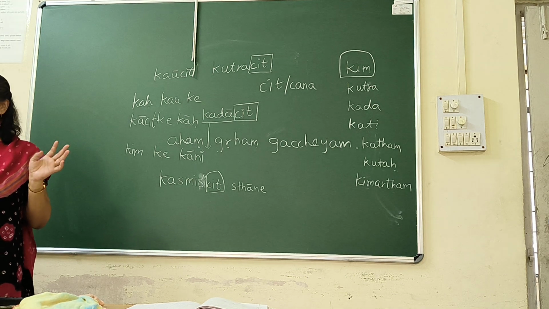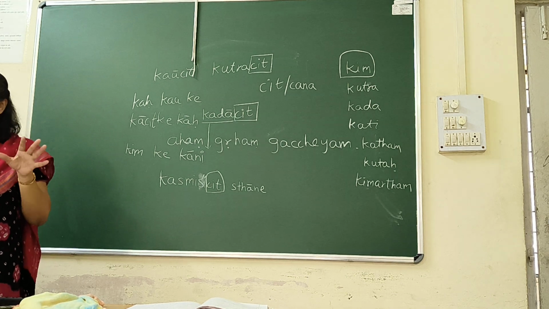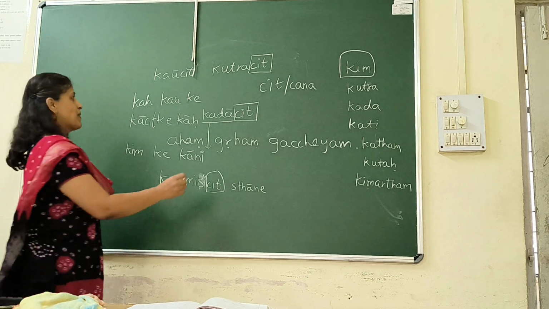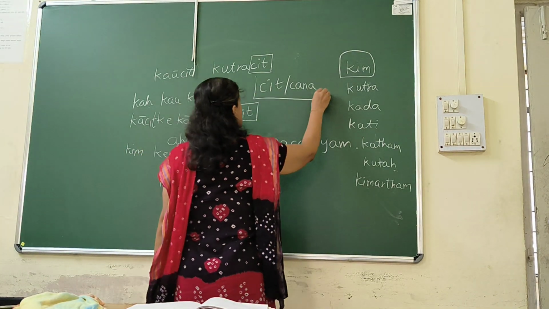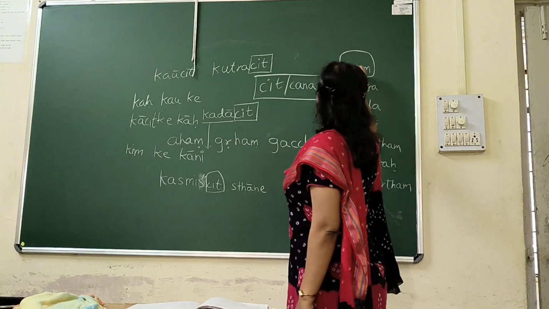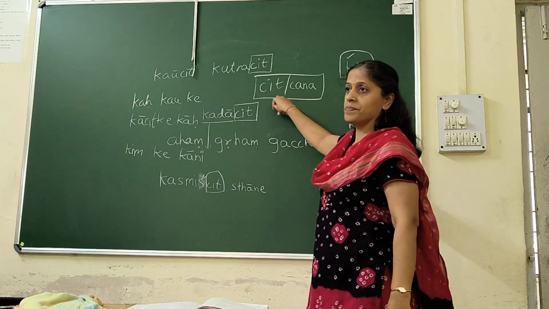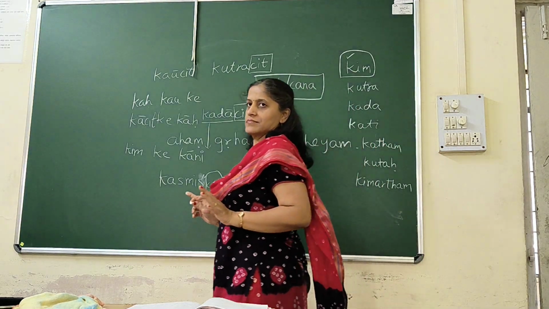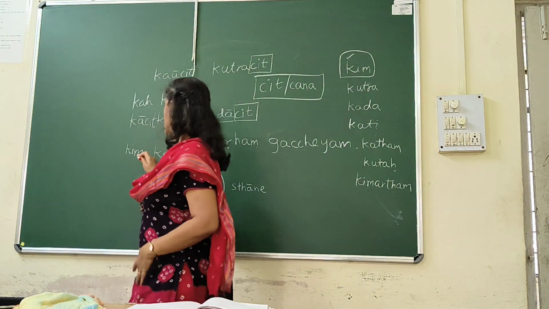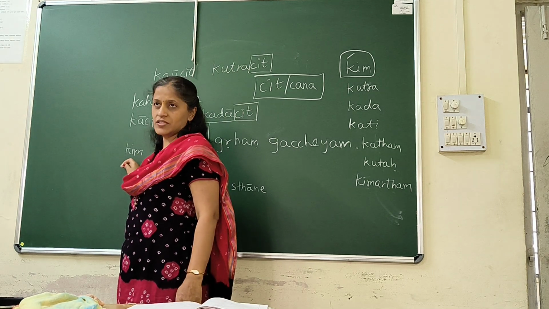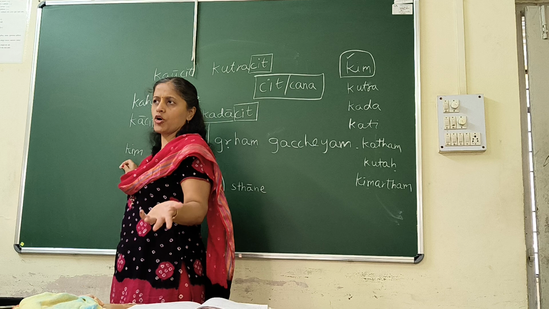So kauchit. What I want to tell you today, which is very important, is that by adding this chit and chana to all the forms of kim, you get the indefinite meaning. Actually, kim is interrogative, a question: who or what.